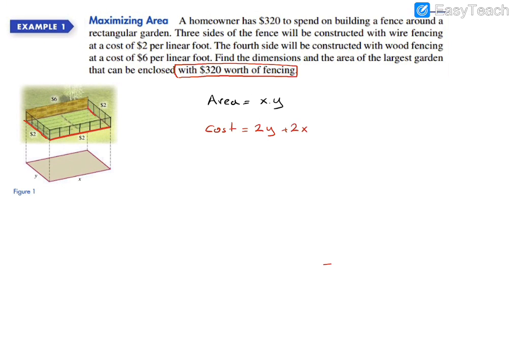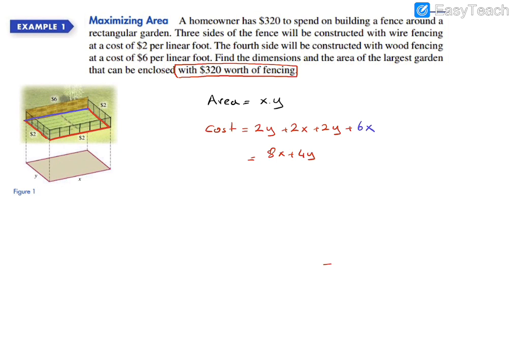And the cost of this part is again 2 times y, plus the cost of the wood part. This length is x, so it is 6 times x. As a result, the total cost is 8x plus 4y. And what we know is that the total cost is $320.